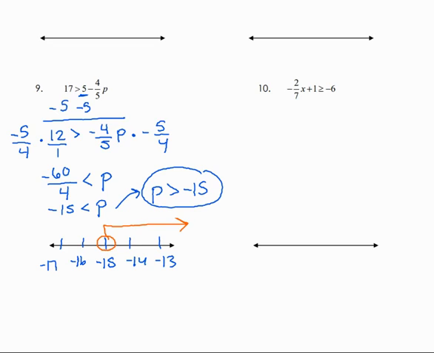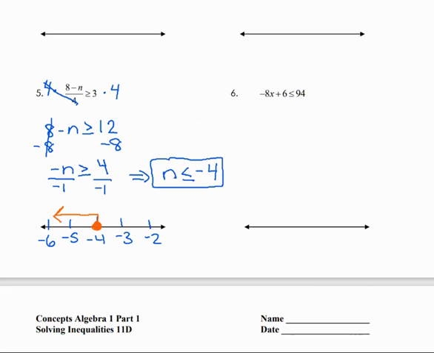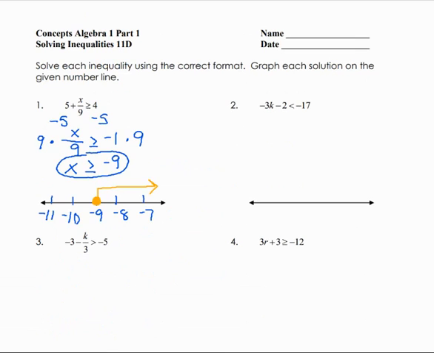Okay, so number 9, we used a reciprocal because that fraction was out front and said 4/5 P. However, we did not use a reciprocal on number 5 because we were just dividing by 4, so I multiply by 4. And we did not use a reciprocal on number 1 because it did not say like 2/9 x. It was literally divided by.